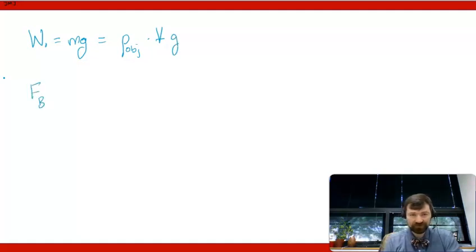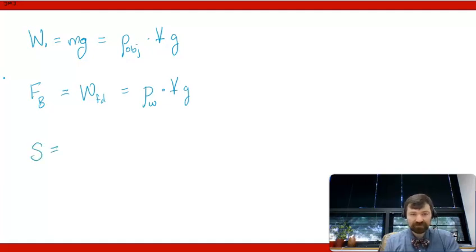F buoyant, according to Archimedes' principle, must be weight of fluid displaced, which would be density of water times the volume of the displaced water, which must equal the volume of the object, times g.